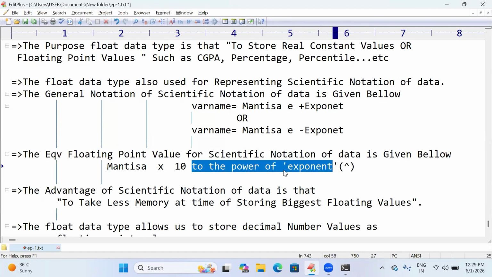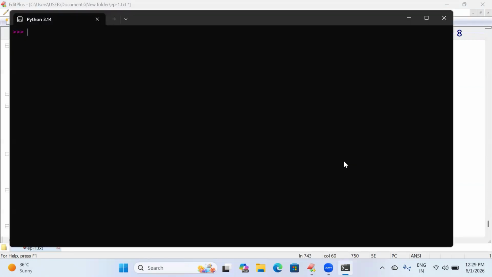Why I wrote it like this, and not with the power symbol: it is wrong to use it here. All of you know 2 power 2 is 4, right? 2 power 2 means 2 into 2, which is 4. Let's see here: A is equal to 2 power 2.